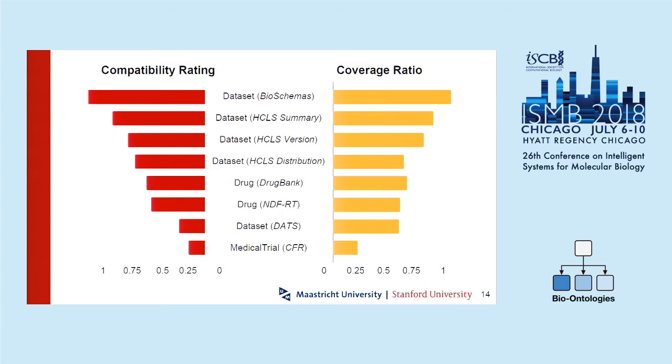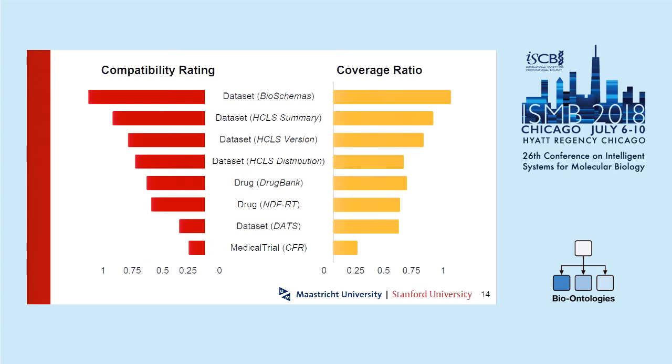At the bottom, we have the medical trial schema vocabulary compared to CFR. We have the lowest score because we found that the schema vocabulary in medical trials is not as detailed as the CFR standard. One interesting case is the dataset schema vocabulary compared to the DATS model.